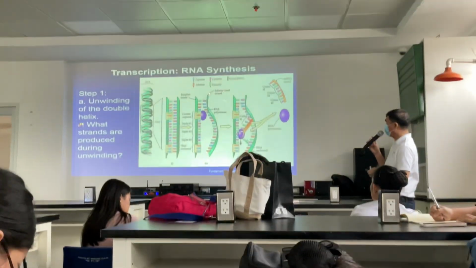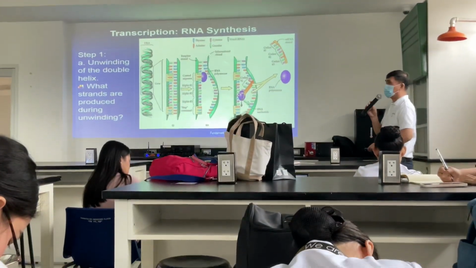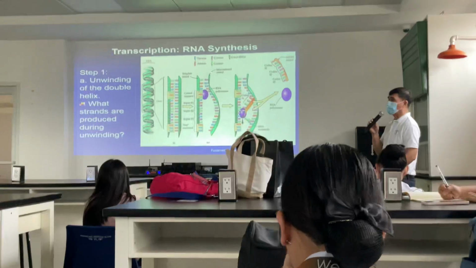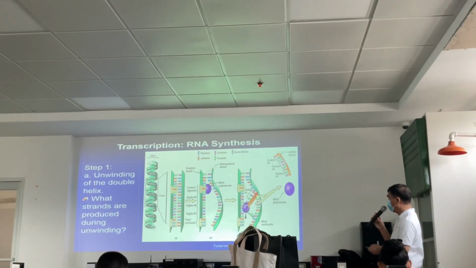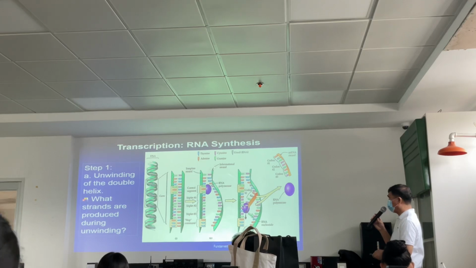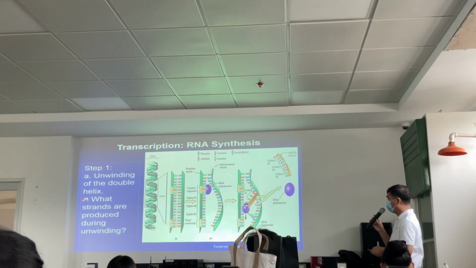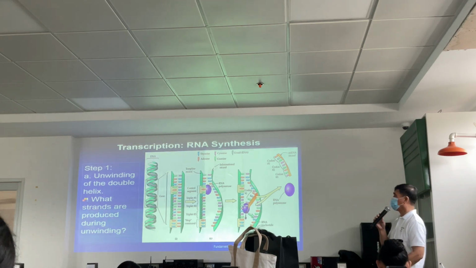Because DNA is composed of two strands, when it unwinds, two strands are formed. This one is called the informational strand, while the other strand is called the template strand.